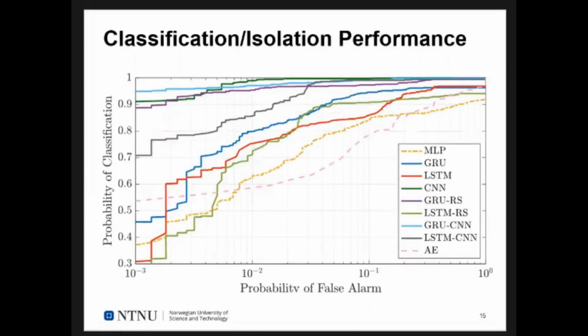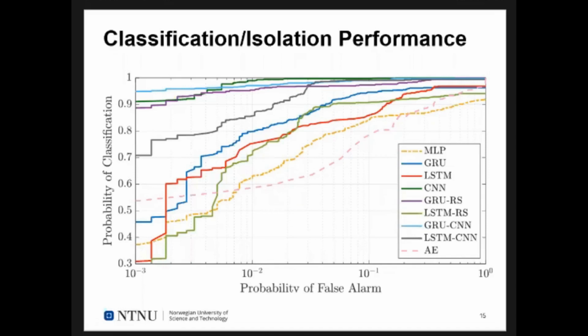Then classification or isolation performance. In this case, again, given a fixed probability of false alarm, and given that there is the detection, we are now trying to see whether we are able to point to the correct sensor or not. So the probability of correct classification means that the detection is already in place, but now the decision must be correct. For instance, if the problem is coming from sensor 1, are we assigning the fault to sensor 1 or not?